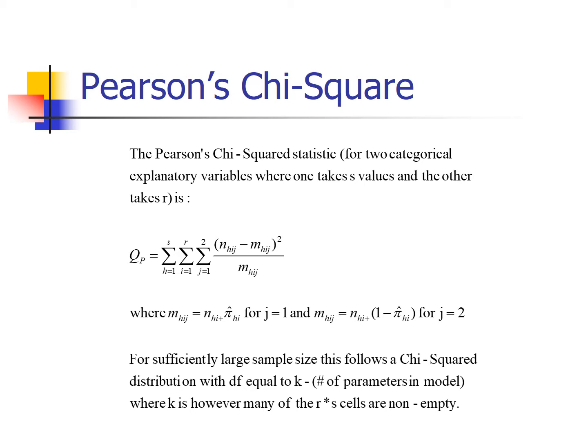So if you look at that formula, what we're basically doing is generating that pi hat. That pi hat is basically the probability of success, the probability of, say, getting the disease, based on our explanatory variables being whatever value h is and whatever value i is.